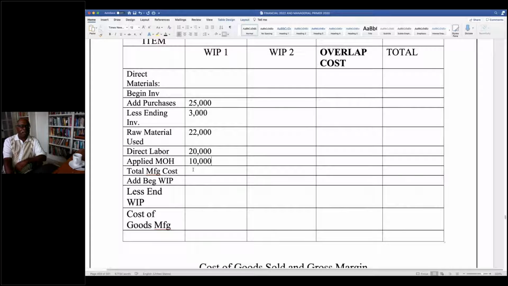So what's total manufacturing cost? 52,000, which was the total on the debit side for work in process one. What's the ending work in process? 7,000. So what's cost of goods manufactured? 45,000.